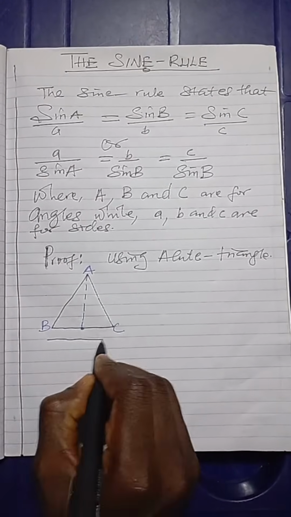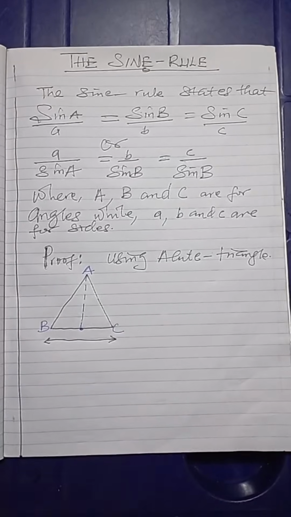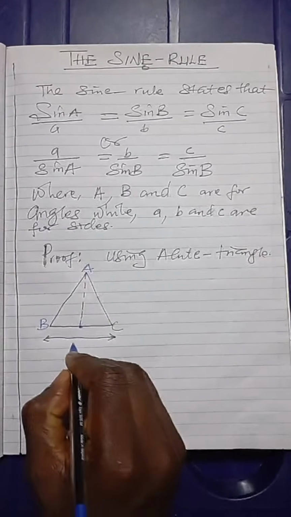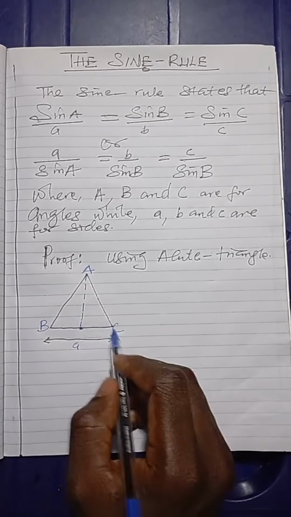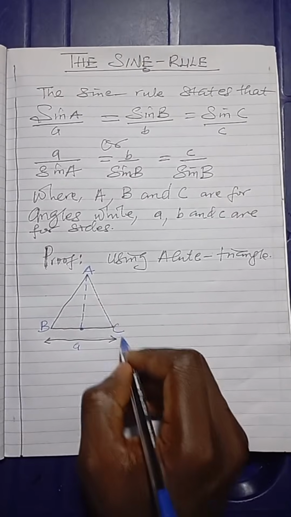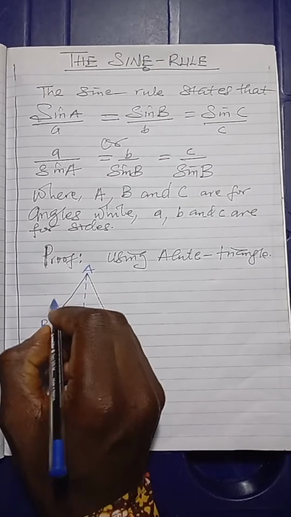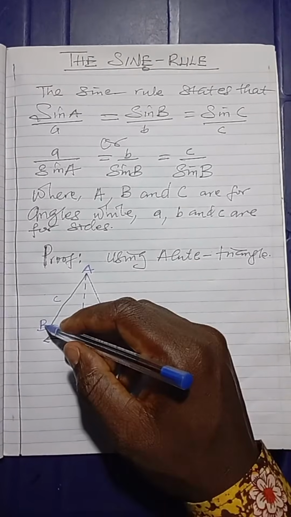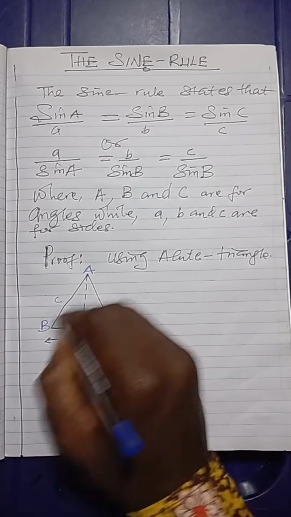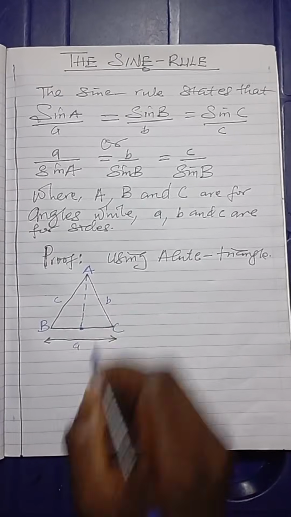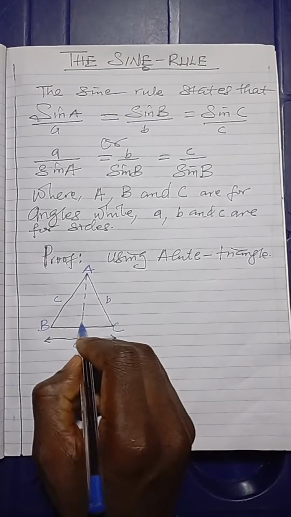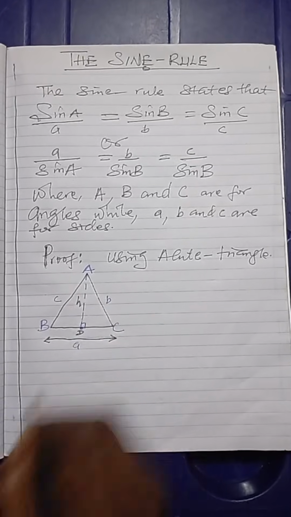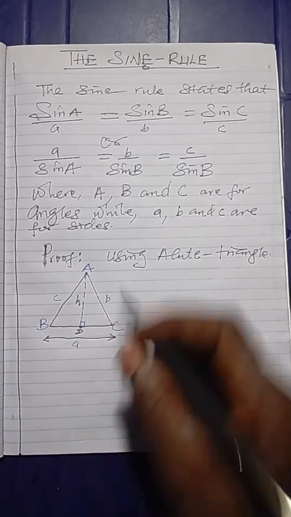So from here to here is the side facing the capital letter A, so we can call it a, whereas AB is the side facing capital letter C. We can call it small letter c. Similarly, this is B. The side facing B is AC. We can call it small letter b. Here, let's call it h and call this point D. So AD.